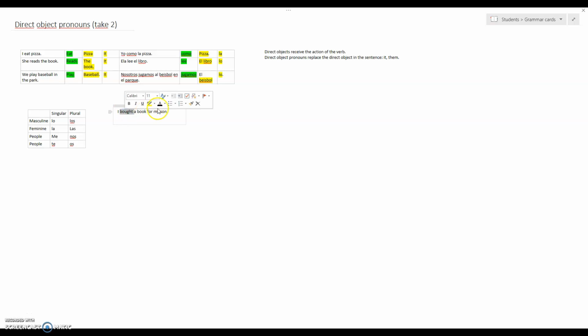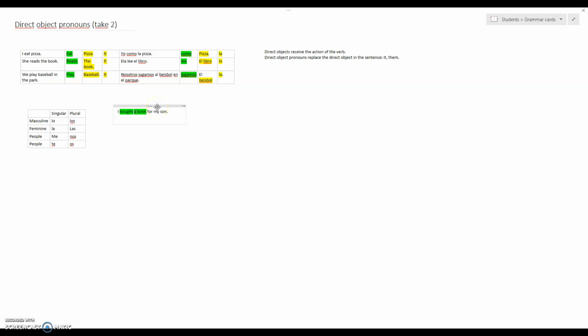It is bought. Okay, so I'm going to go back to the green highlight because that's verbs. What did I buy? What receives the action? Okay, a book. And originally we had those direct objects and direct object pronouns in yellow. So we're going to keep the yellow, not the green. Yellow.